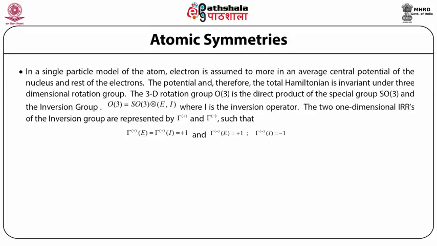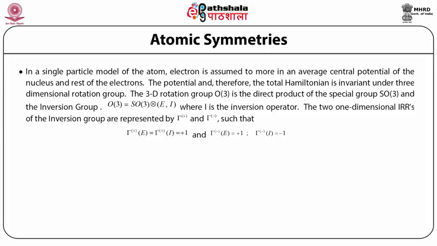We saw earlier that the three-dimensional rotation group O3 is the direct product of the special group SO3 and the inversion group. That is, the group O3, the group of three-dimensional rotations, can be written as a direct product of the group SO3 and the inversion group, which has the elements E and I, where I is the inversion operator and E is, of course, the identity.